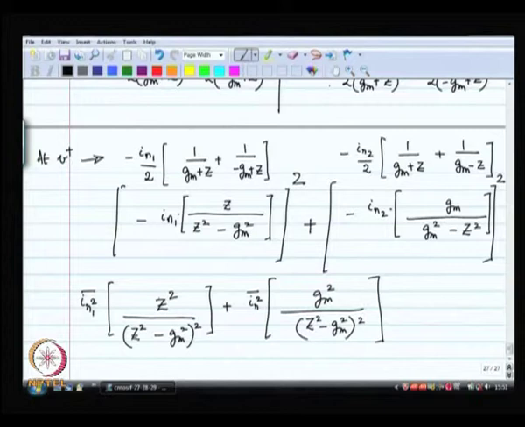Now, I n 1 squared and I n 2 squared are basically both going to be more or less equal, because they are coming from noise voltages coming from noise currents of two different identical devices.